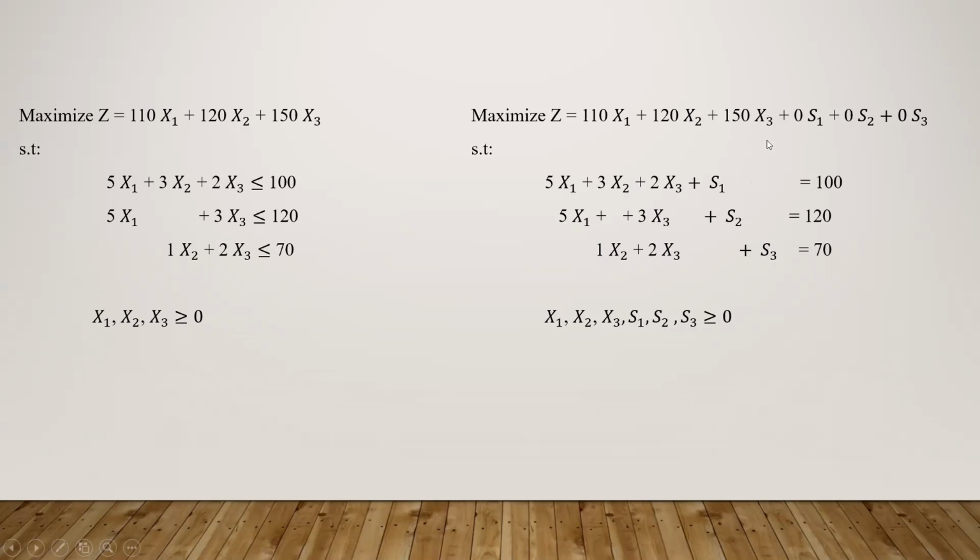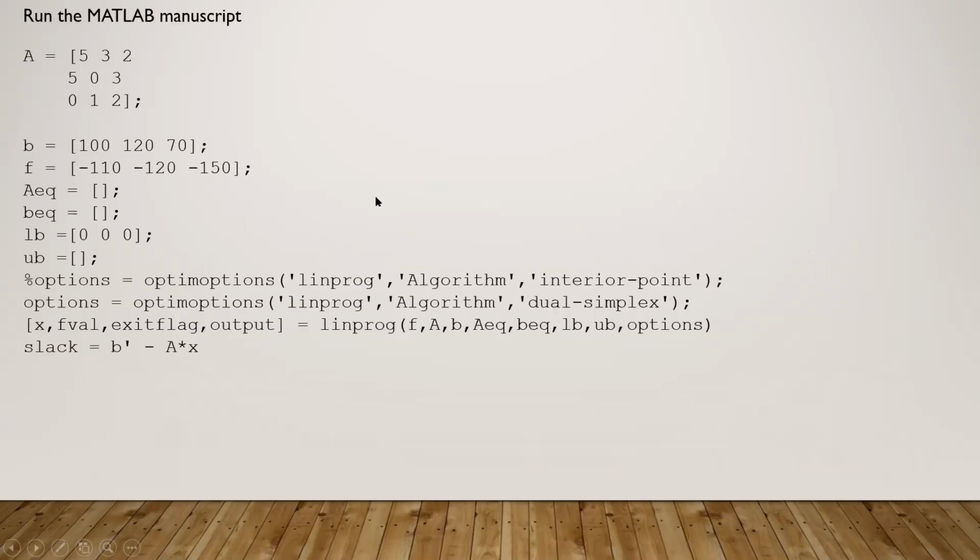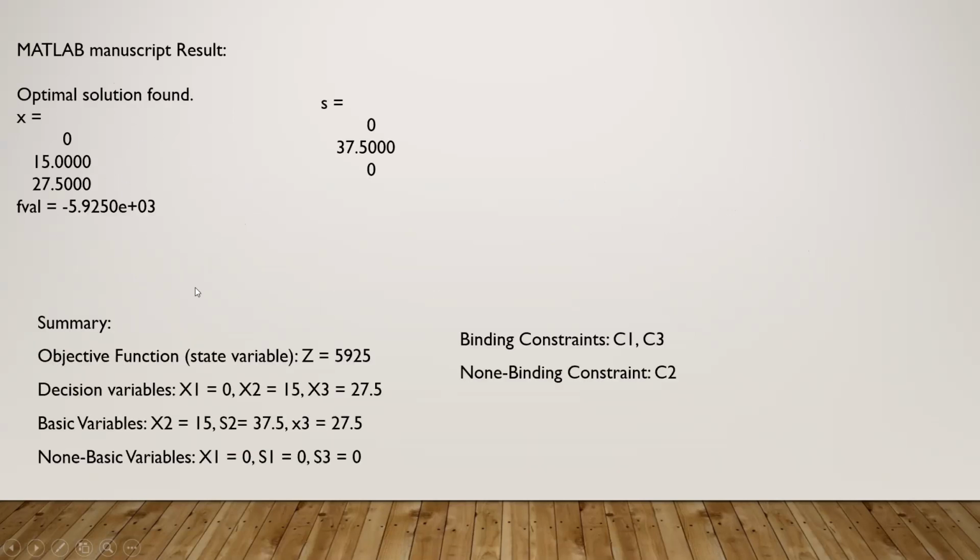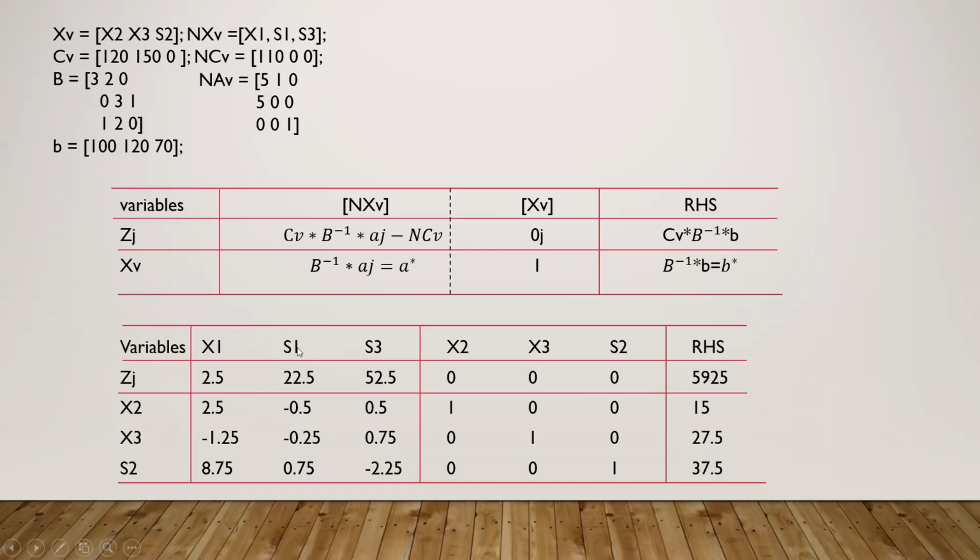For the other matrix, the accumulated one, which is the NXV, it will start with 5, 1, 0, then 5, 0, 0, then eventually 0, 0, 1. And it's here, so you can see this is the MATLAB code. They are stored here.